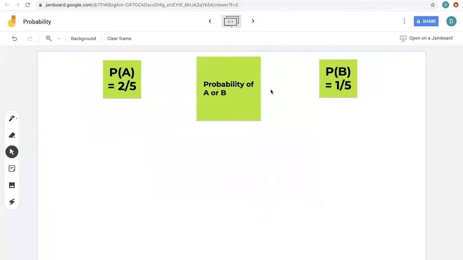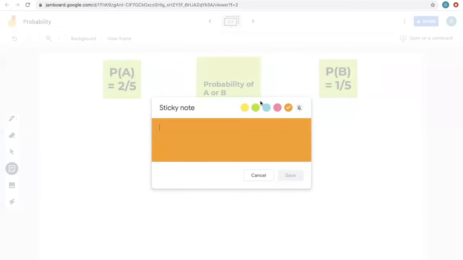So here we're going into that a little more. Probability of A or B. Now A and B are different events basically. So this tells us the probability of A is 2 out of 5, and the probability of B is 1 out of 5. And so to find the probability of A or B, we're going to add the probability of A and the probability of B, and that is going to be 2/5 plus 1/5, 1 out of 5, 2 out of 5, and that gets us 3 out of 5.